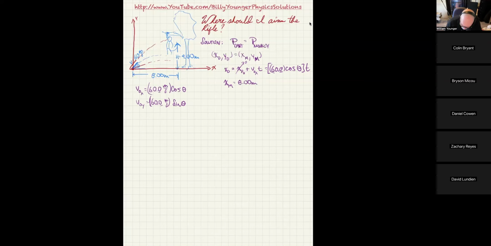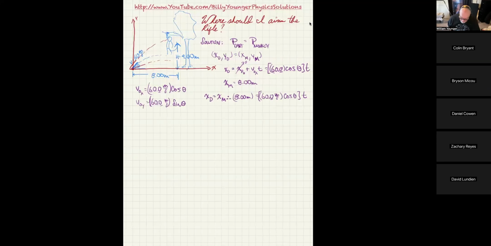Now we can go ahead and set xd equal to xm. And when we do that, we get 8.00 meters is equal to 60.0 meters per second times cosine theta times t.